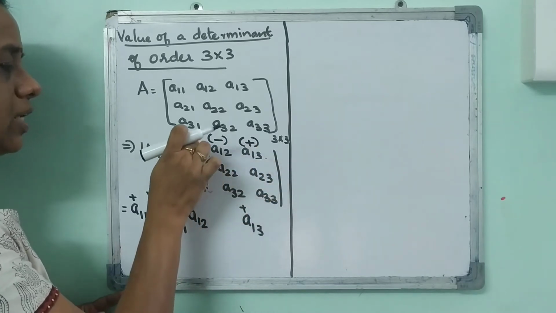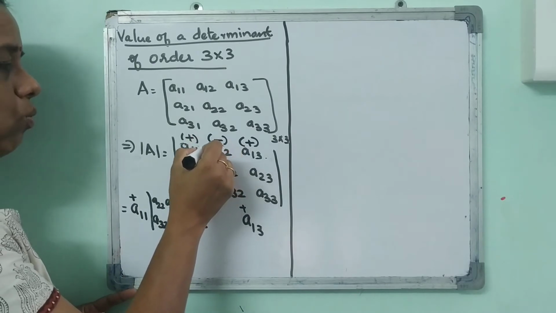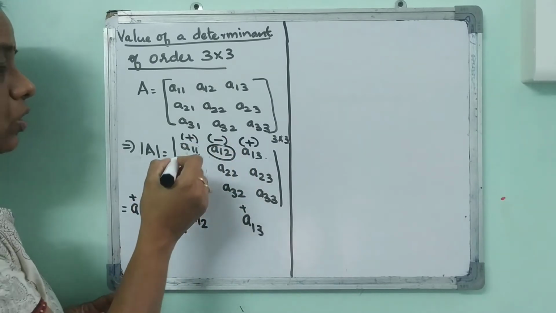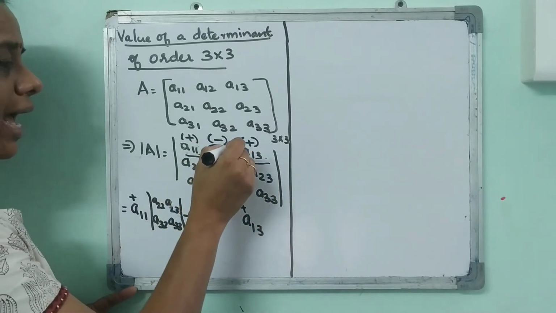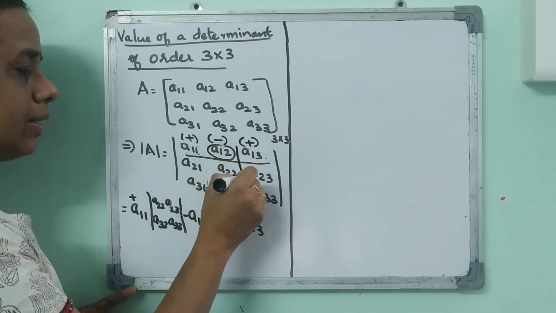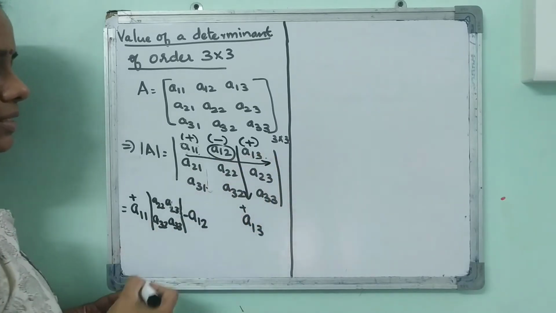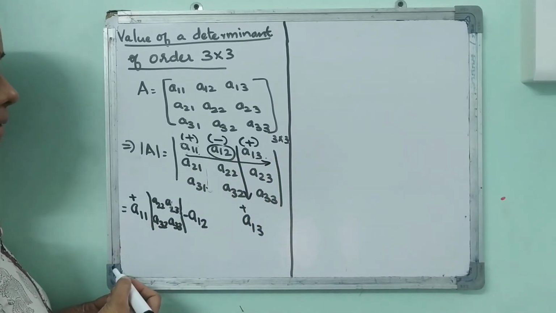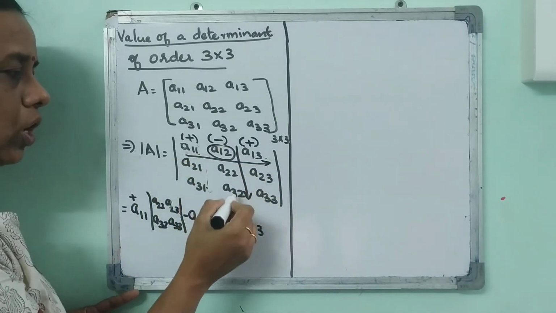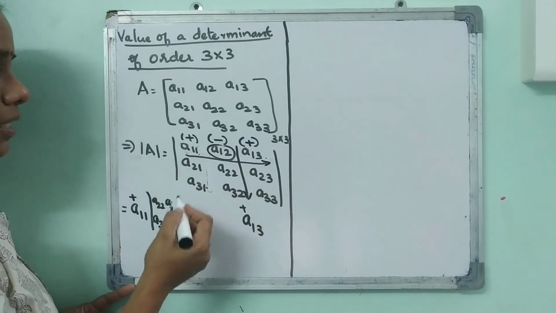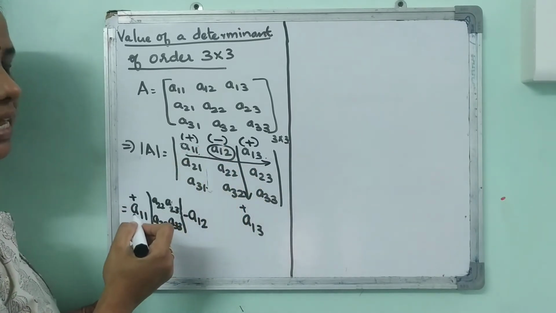Let us do the same procedure for that also. The element I have considered is A12. You leave the row and the column in which that element lies; that is, you delete the row and the column in which that element lies.